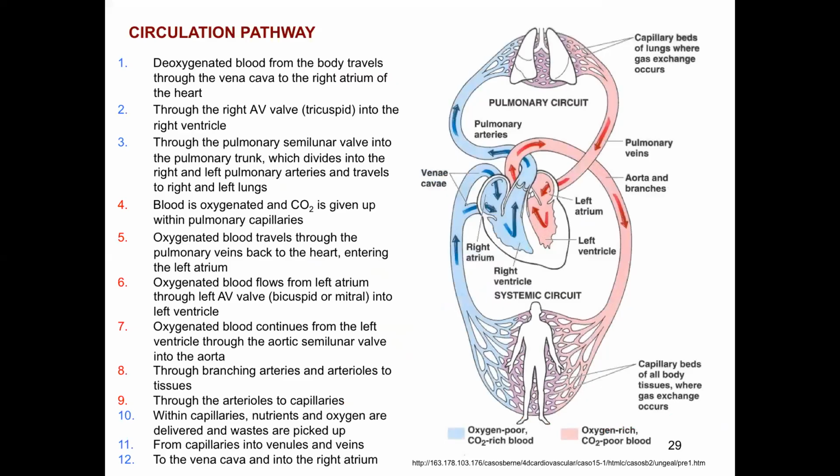So what happens here is that the deoxygenated blood from the body is going to travel through the vena cava into the right atrium, okay? Now, between the right atrium and the right ventricle, we have a valve, which is a tricuspid. This is the right AV valve, atrioventricular valve, okay?